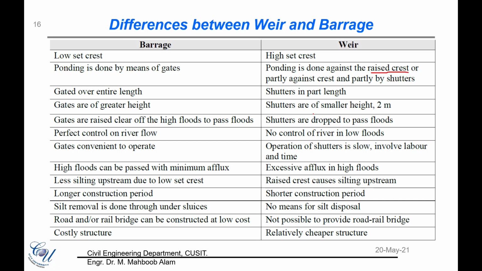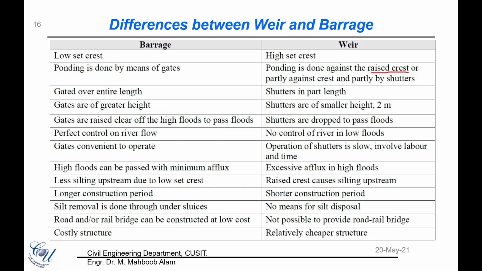So maybe if you have, let's say, almost 500 meters of width of a river, part of it would be covered by the shutter, but not the whole 500 meters would be covered by the shutters itself. So this is also a big difference between the two. Barrages have the gates which cover the whole width of the river.